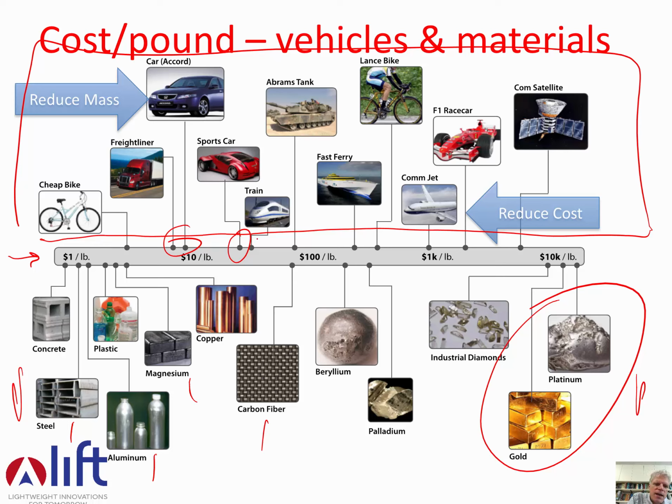The point is that there are certain vehicles where, like a commercial jet, if a pound saved can save you $1,000 over the life of that jet, it makes complete sense to use things like carbon fiber, even if they are expensive, because it saves you that much fuel.